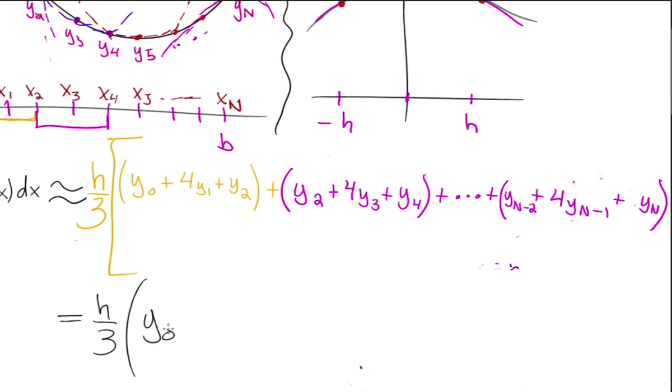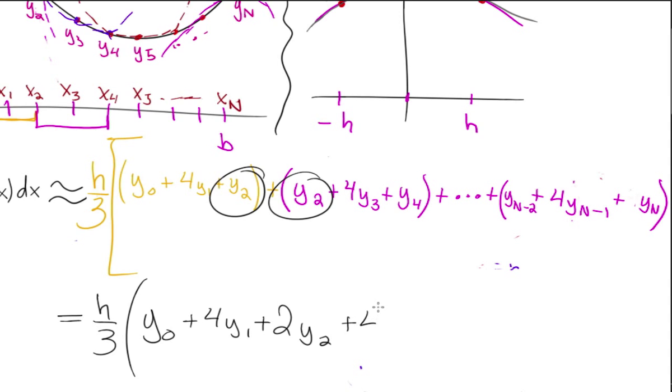How many y sub 1s? 4. Okay, 4 y sub 1. But notice you have 2 y sub 2s, because this one matches up with that one. And then how many y sub 3s? 4. Are there any other y sub 3s in any of the other parentheses? No, right? It would, though, have a y sub 4. So how many y sub 4s would you have? 2.